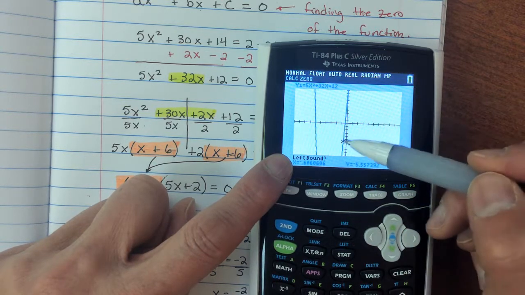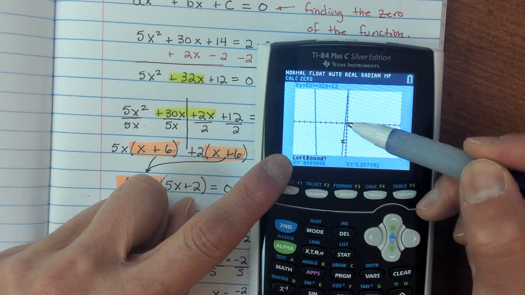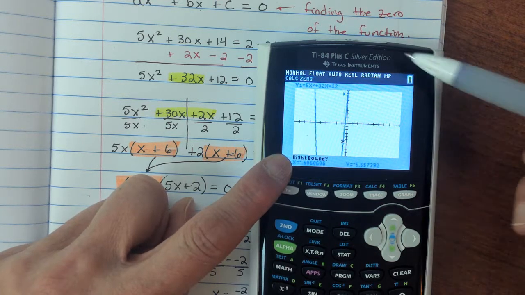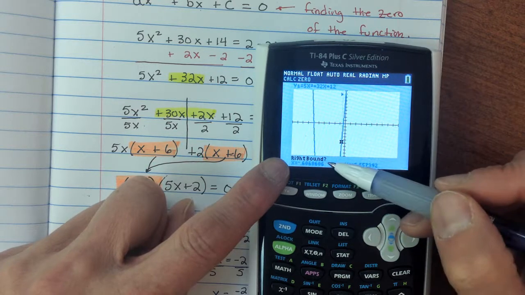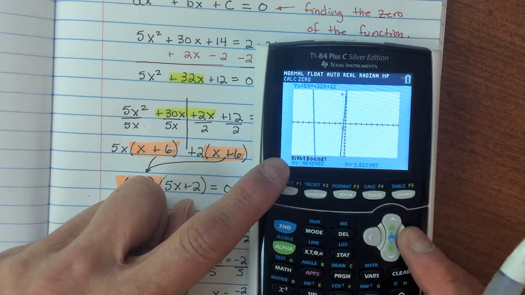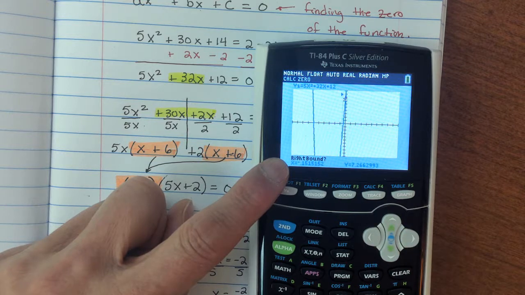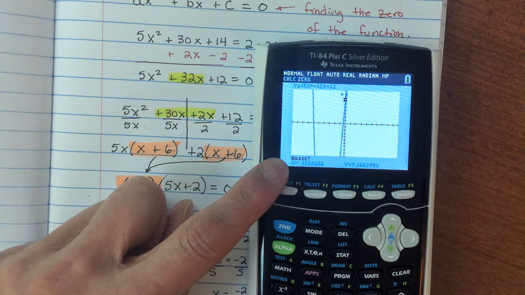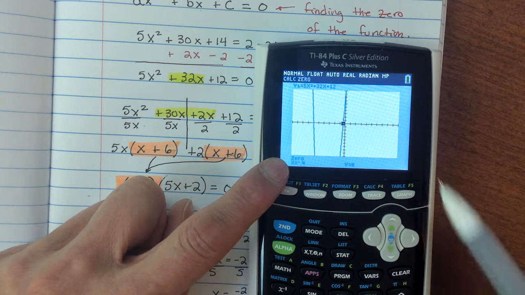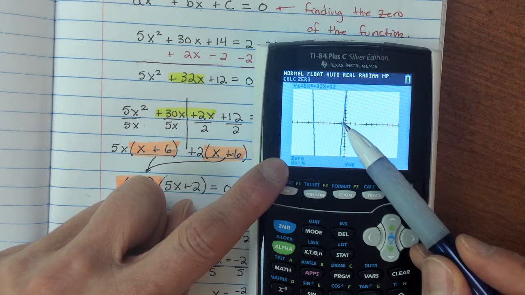There it is. So this point is left of this one. I'm going to push enter, and you can see there is a little line that comes to the left. It's now asking for right bound, so I'm going to move my calculator to the right. I push enter. You can see the arrows at the top. The point I want is in between. I push enter again, and you can see it went right there.